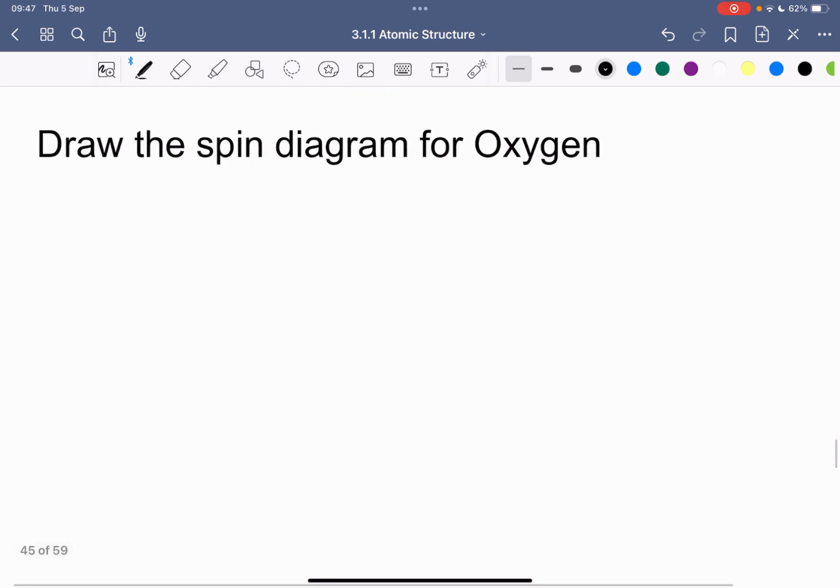Okay, so draw this spin diagram for oxygen. Firstly, write down the electron configuration. So we have 1s2, 2s2, and then 2p4. Firstly I'm going to do 1s2 because it's the lowest energy level, and this has 2 electrons, so I'm just going to draw them like that.